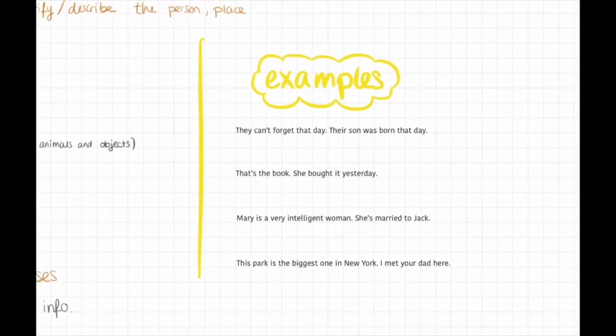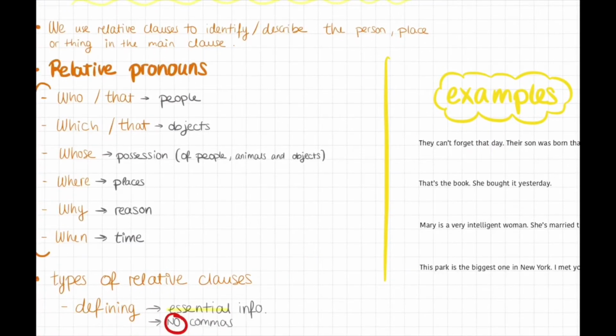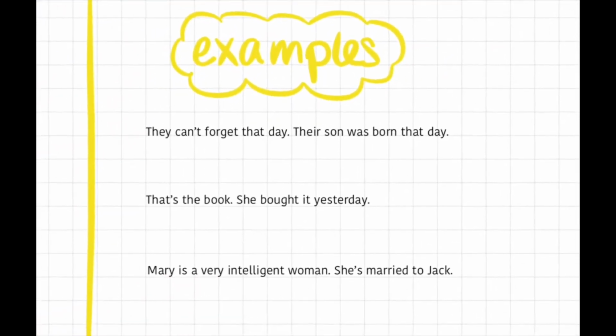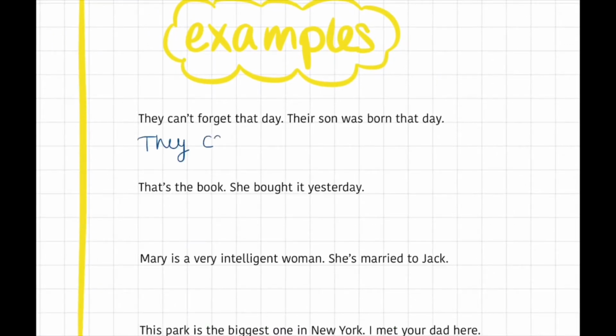The first one would be, they can't forget that day. Their son was born that day. So we are talking in both sentences about that day. Okay, so we would use when because we are talking about time. So they can't forget the day when their son was born.